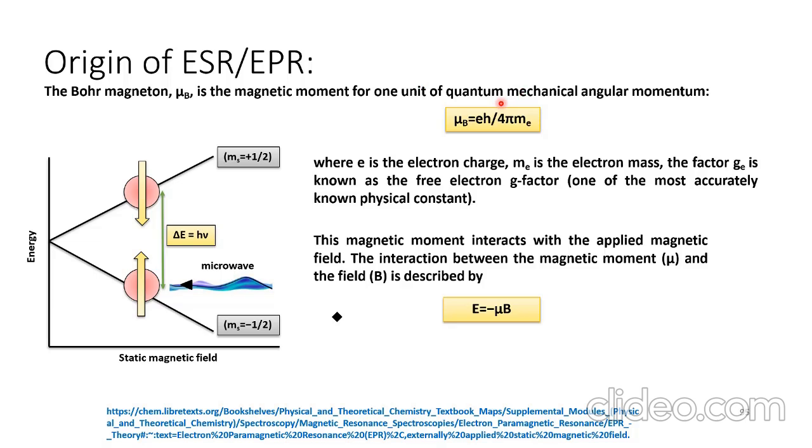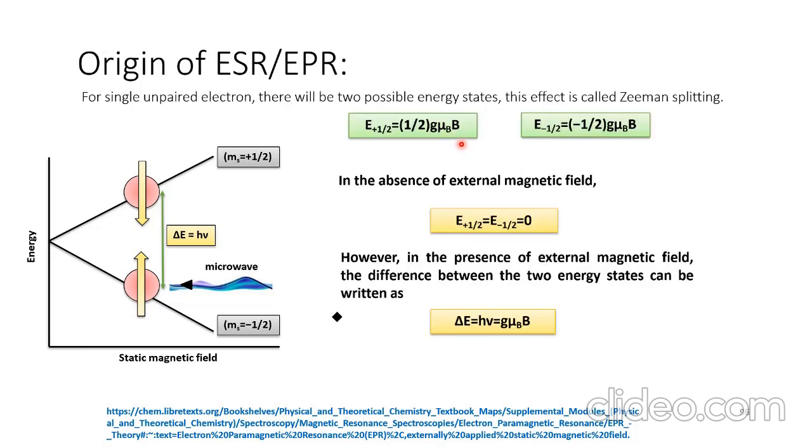This is the angular momentum. Using this formula, we can check the angular momentum: plus half and minus half again. If the energy is in plus half, then using this formula we can check what is actually happening.